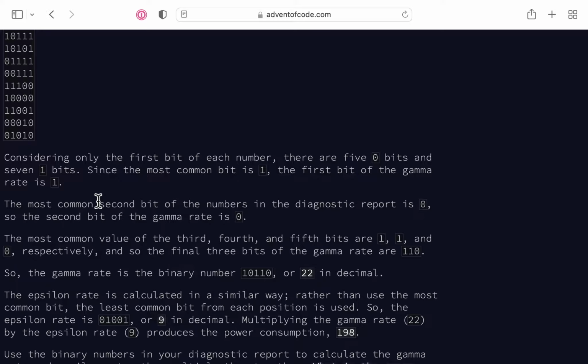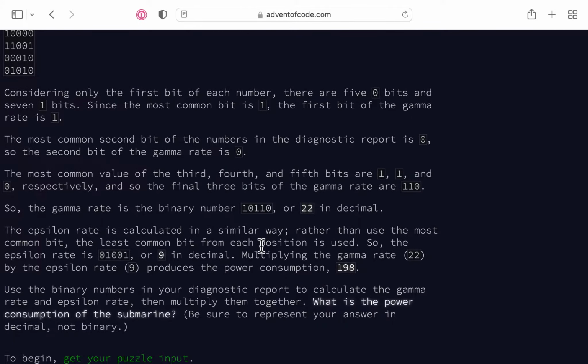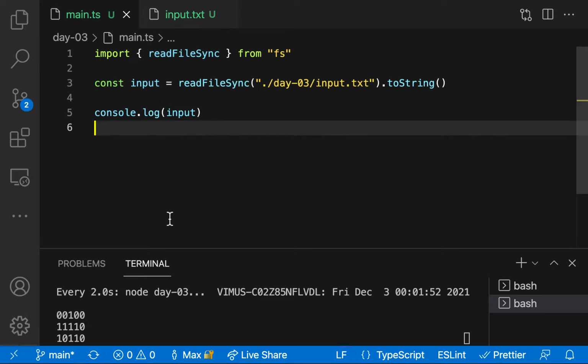Most common second bit of the numbers in this diagnostic report is 0. Okay, so let's start with that.